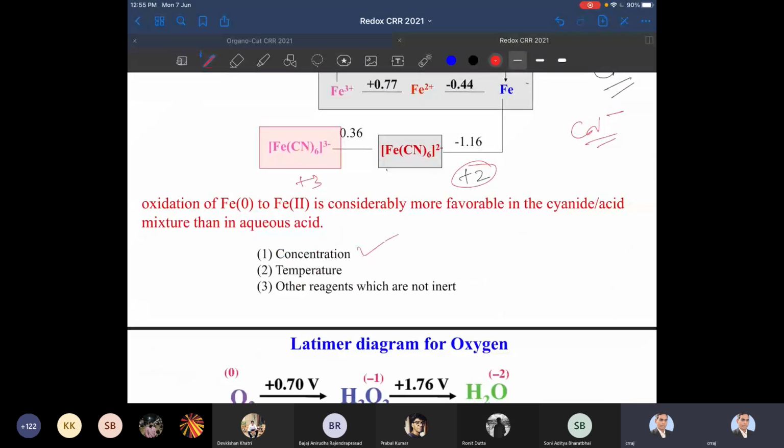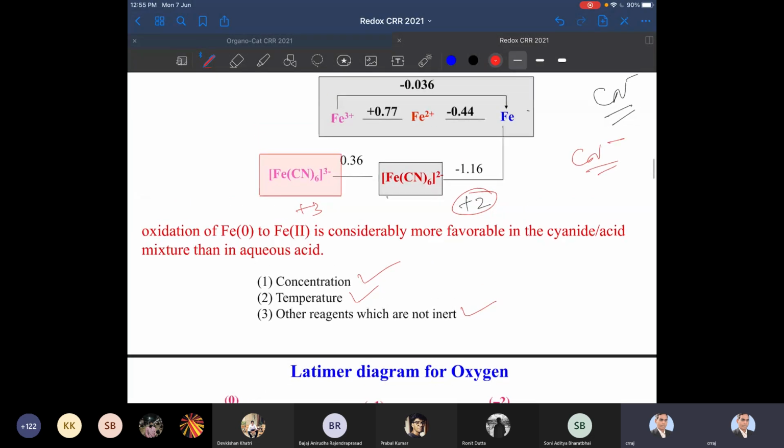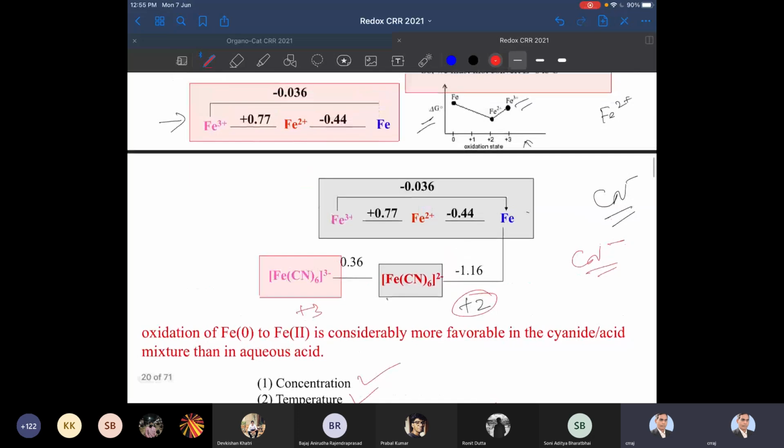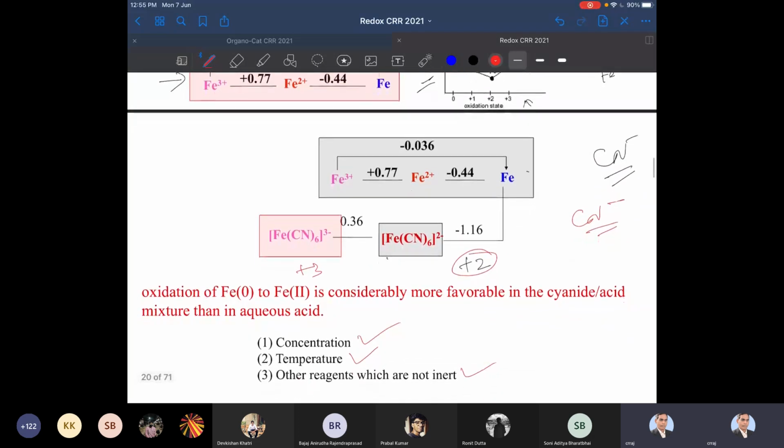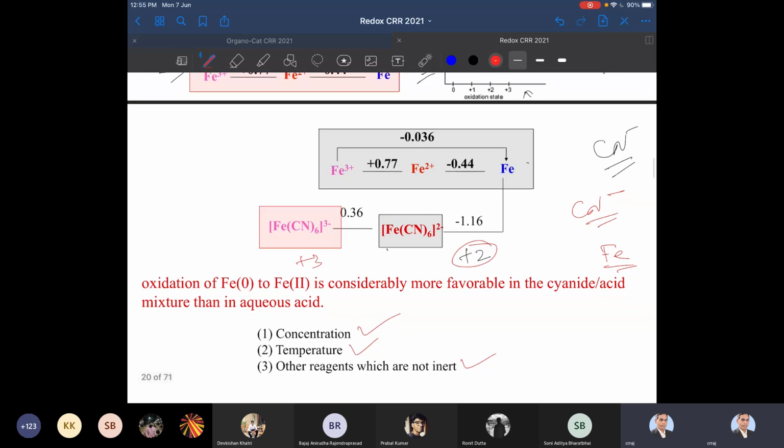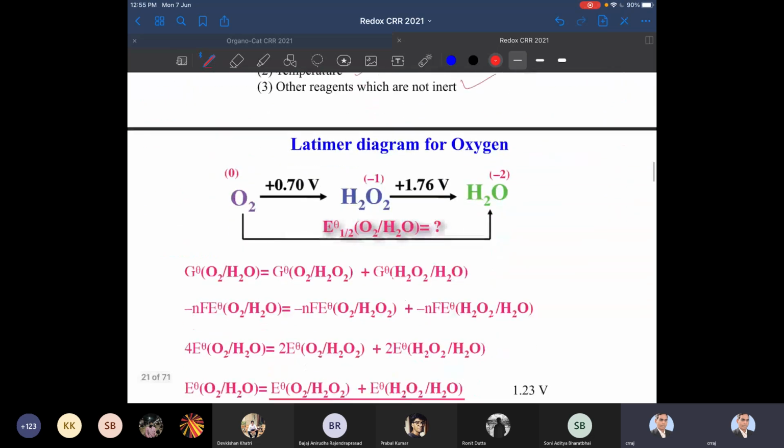The concentration, temperature, other reagents which are not inert all come into the picture, right? So it's not only for a simple element, but also the complexation that is taken into account. CN minus can modulate the redox center, that is iron. Its reduction oxidation property it can modulate, either as electron donating or electron accepting. So based on that, it can modulate the reduction potential.